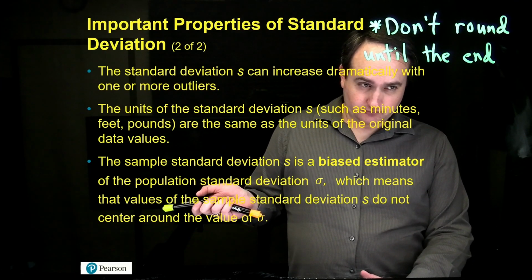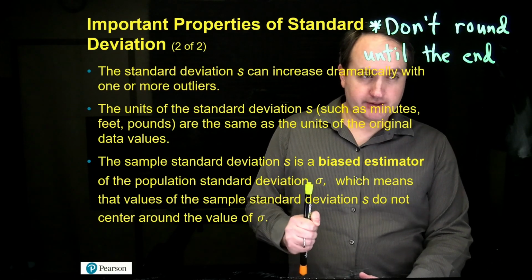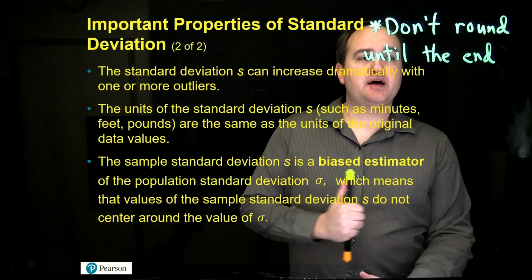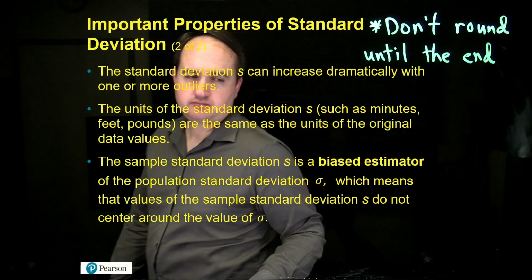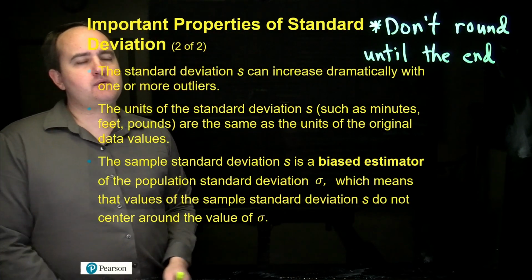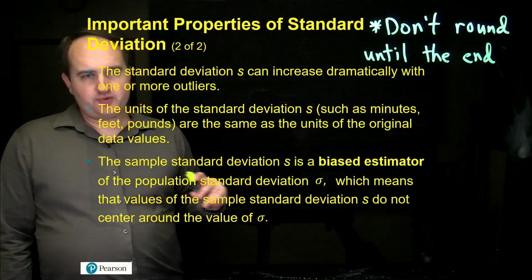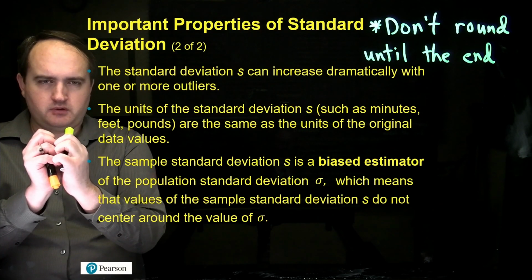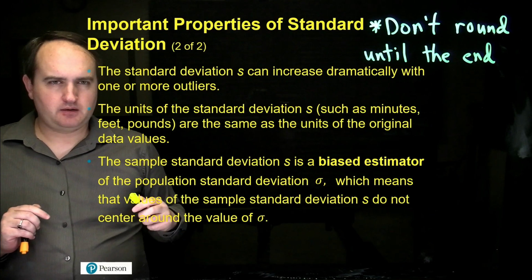And later on in this video, we'll be learning how to calculate the variance, which is considered an unbiased estimator of a population variance. Okay? But for now, we're just going to note that the sample standard deviation, so just for the data values in our sample, is a biased estimator.